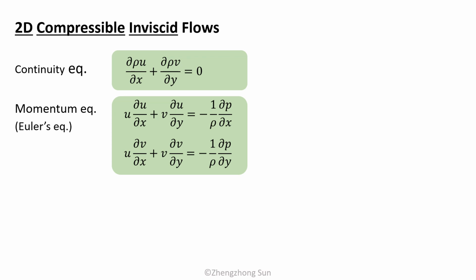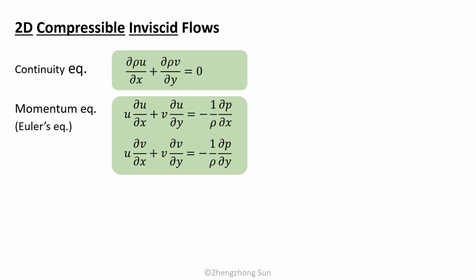Since the flow is inviscid, which means we exclude the viscosity effect of the flow field, the momentum equation is also called Euler's equation. And a short question: if we include the viscosity, what's the equation called? It's called the Navier-Stokes equation. These three equations can be used to describe a 2D compressible inviscid flow.